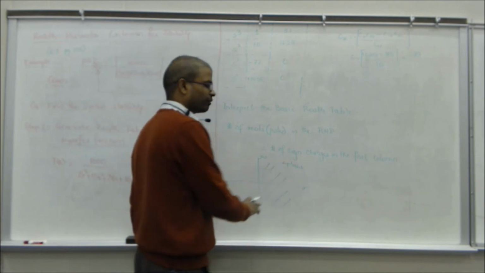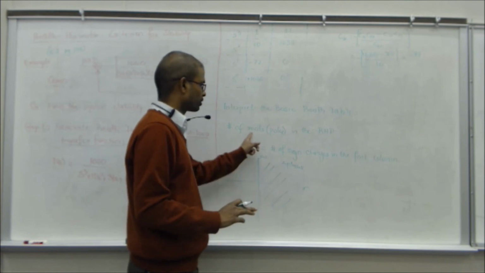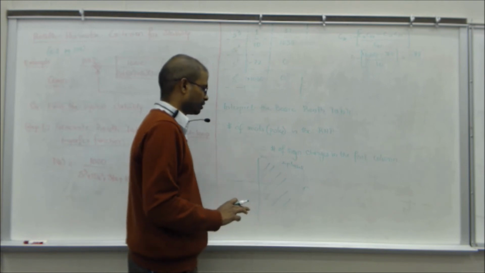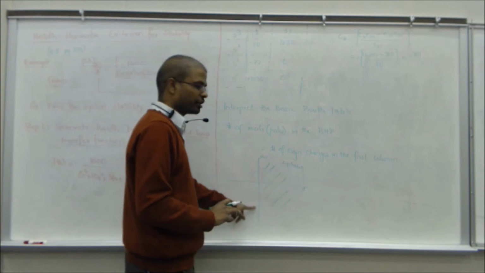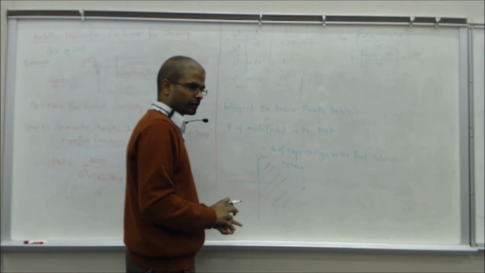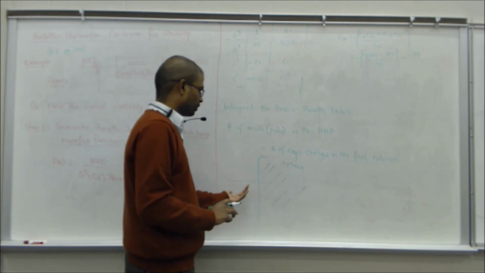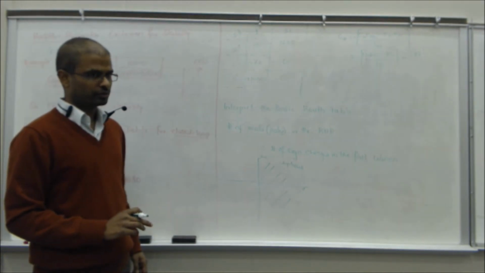Poles in the right half plane means the system is unstable. Even a single pole or a single root in the right half plane means the system is unstable. Okay. Any pole on the imaginary axis, which is just imaginary, is marginally stable. And if you have all the poles in the left half plane, only then the system is stable.